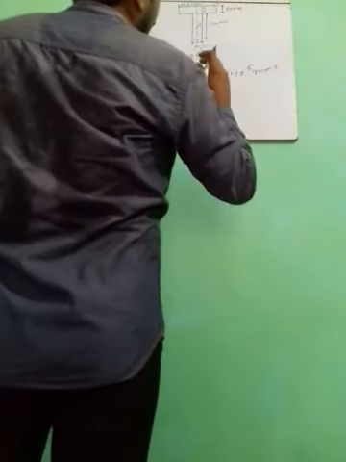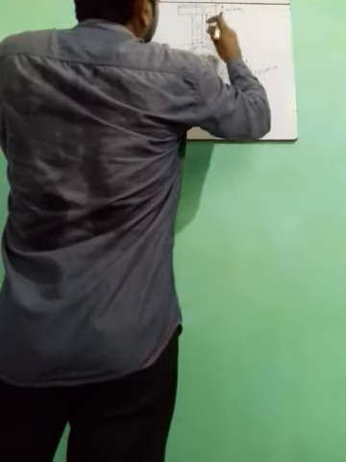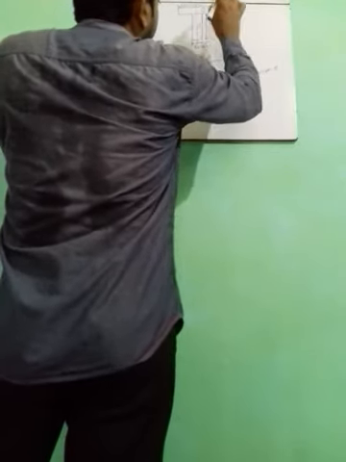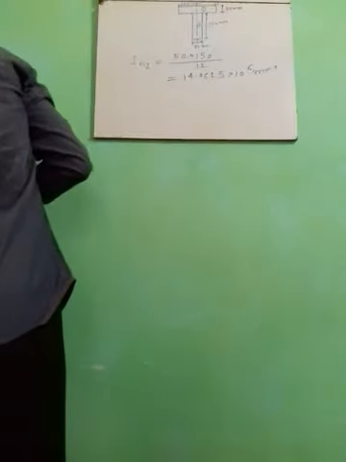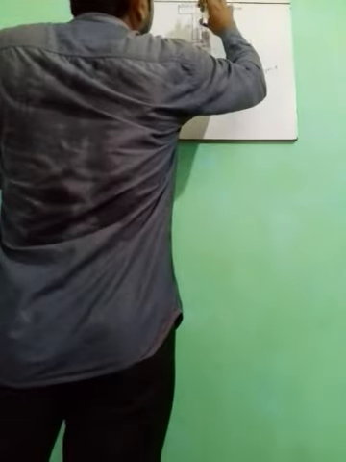And similarly, the distance of the actual CG from this line is 125, and the distance of the CG of this figure is 75.